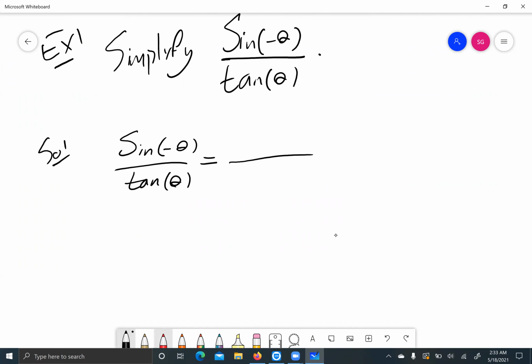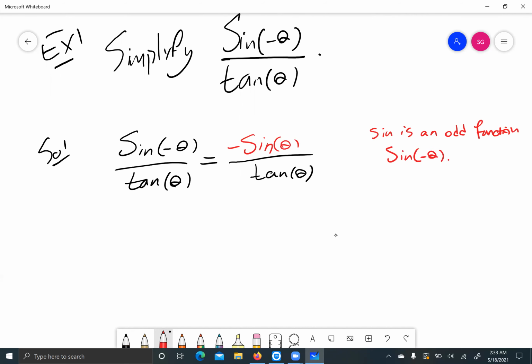So that means sine of negative theta is the same as negative sine of theta. Here I use the fact that sine is an odd function. Therefore, sine of negative theta can be replaced by negative sine of theta.